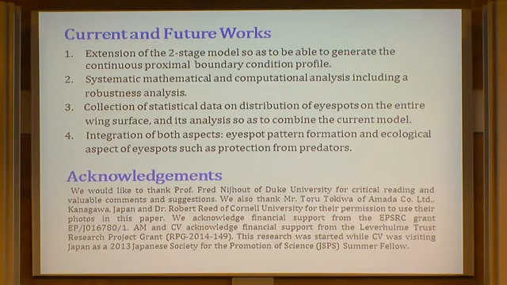And we are now collecting statistical data on the distribution of eyespots on the entire wing surface. A lot of butterfly collecting to take data, and we almost have it. So it's analysis to combine with the current model. And the fourth one is integration of both aspects.